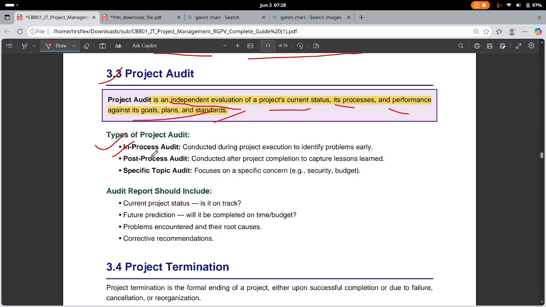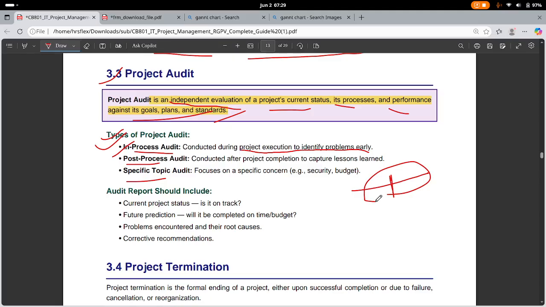There are three types of audits: in-process, post-process and specific topic. In-process is conducted while the project is executing, to identify problems early. The project is being executed, and in between we are doing the auditing. In between we are checking whether we are on the right path, doing it the right way, and on track.